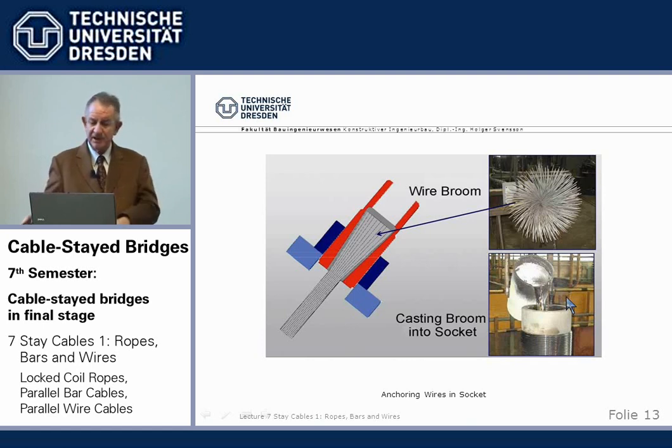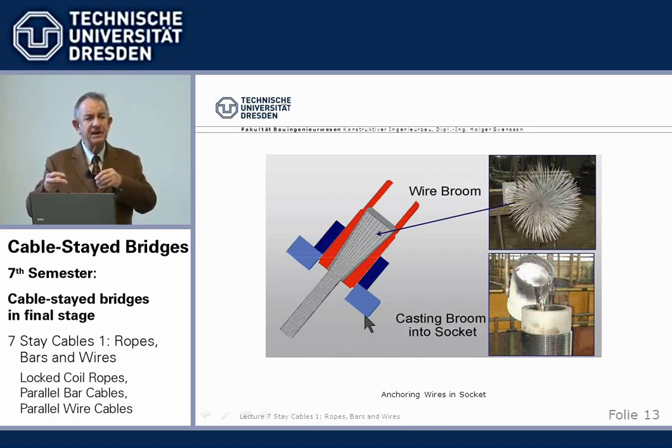And now that means if it's too hot, we have a change of the inner molecular structure of the steel wires, which means they are not as strong in these disturbed areas than they are in the regular area, which was one reason, besides other things, that the fatigue range of these lock coil ropes was rather low.